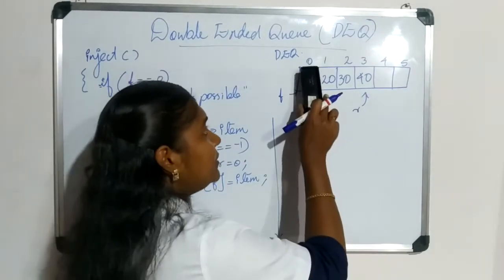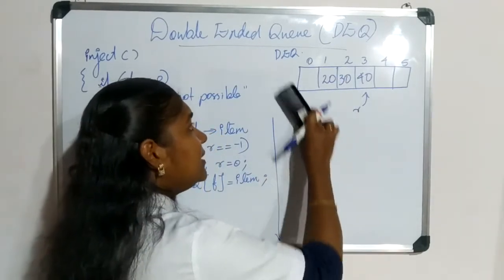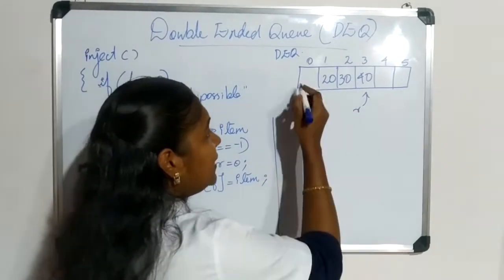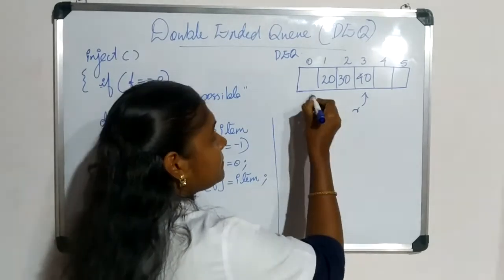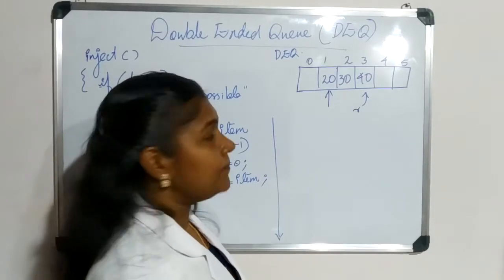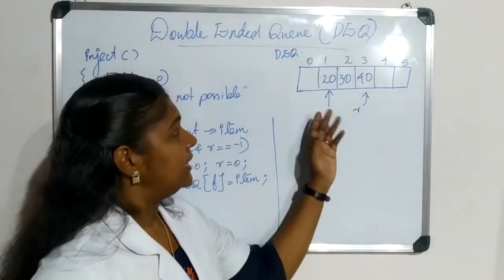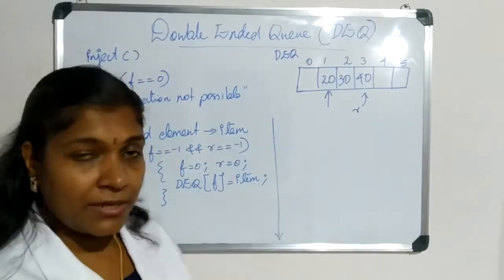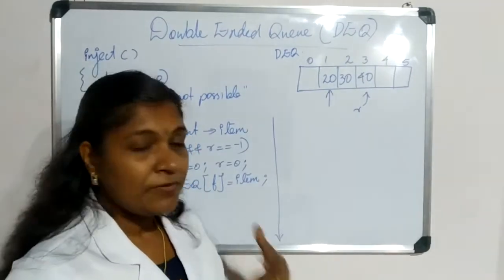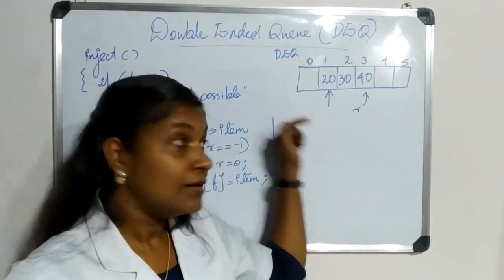Okay. In order to delete the element, it is very easy. Delete the element at the front position. Increment the value of front to the next position. Then after deleting the first element in this current double-ended queue, could we perform the insertion of an element through the front end?